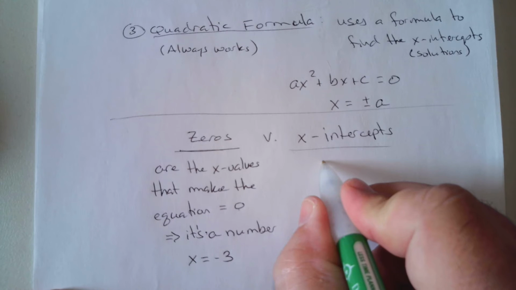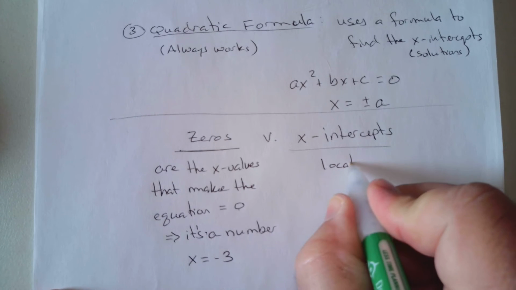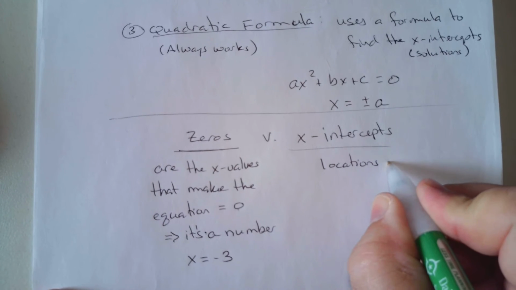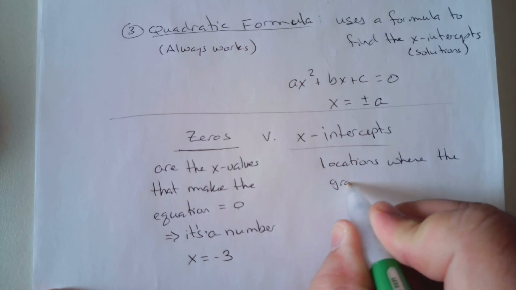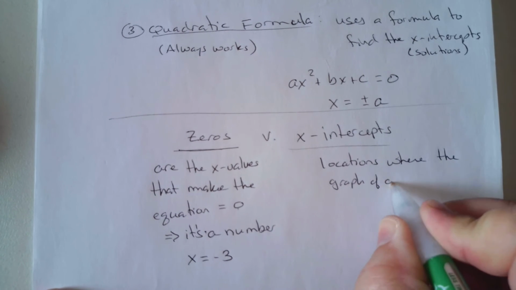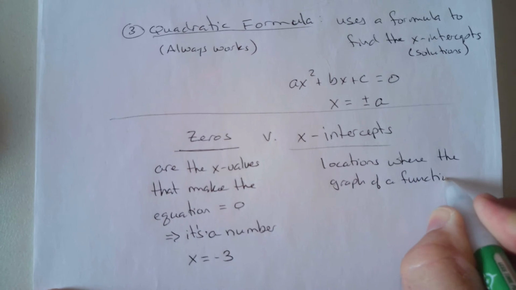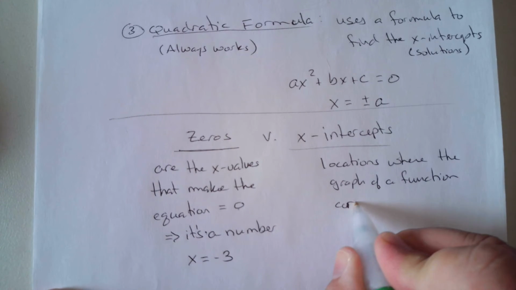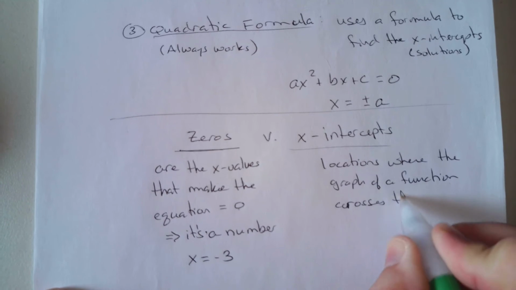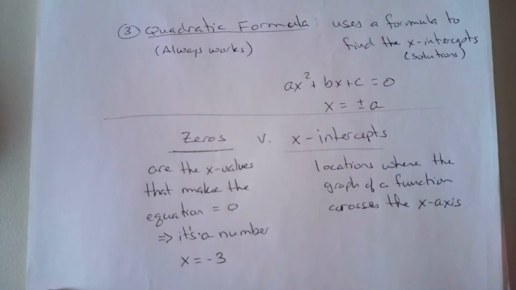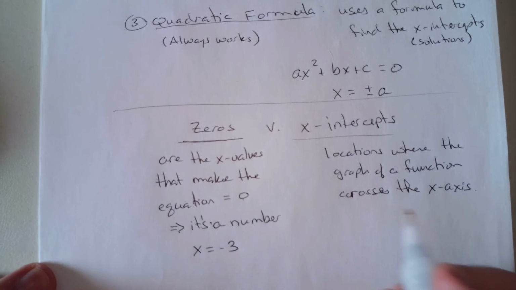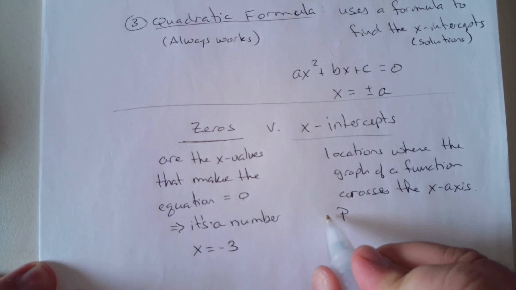The x-intercepts are locations where the graph of a function crosses the x-axis. In other words, it's a point.